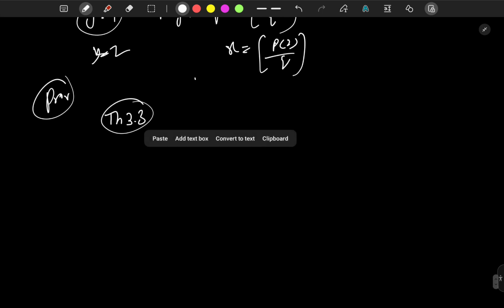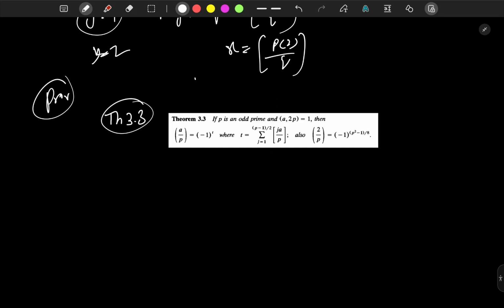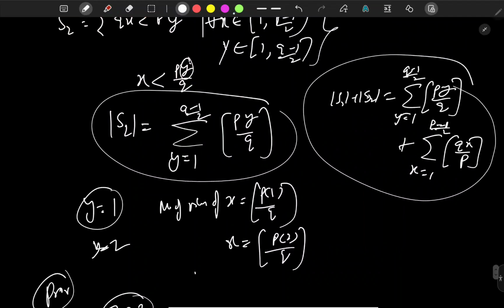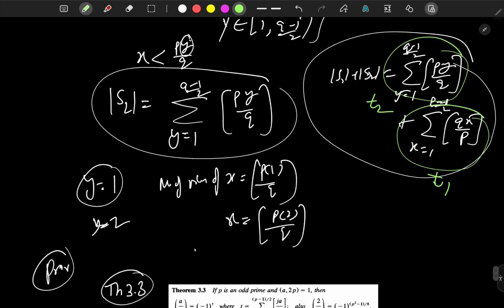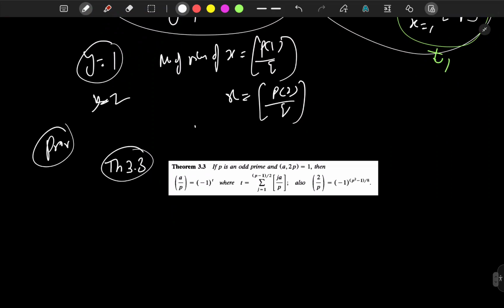So what it says is that if (a by p) equals (minus 1) whole power t, where t equals this value, you can think of this value as t1 and this value as t2. Okay, t1 and t2.